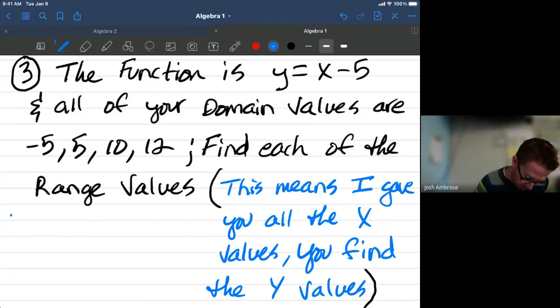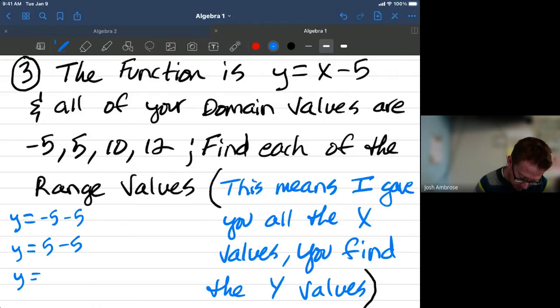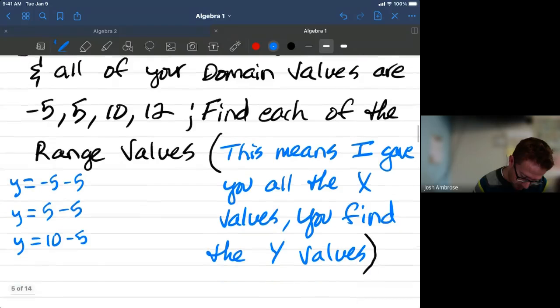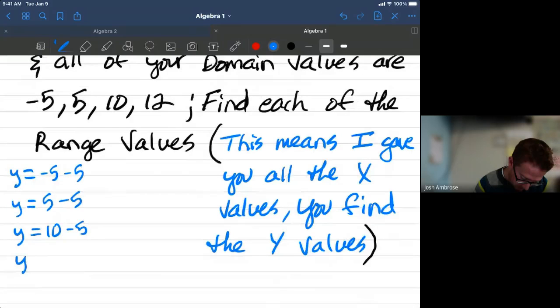You have y equals, what is x? -5 minus 5. Y equals 5 minus 5. Y equals 10 minus 5. And the final one, y equals 12 minus 5.